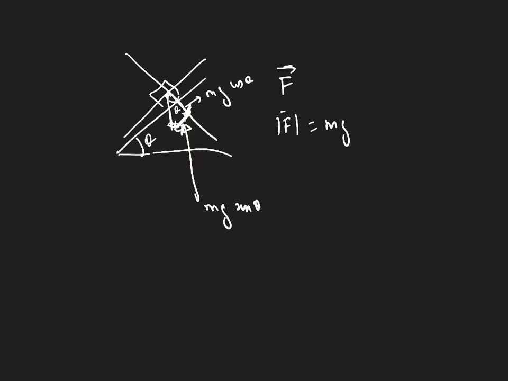This vector has a magnitude mg cosine of theta, and this other vector that goes in this way has the magnitude mg sine of theta.